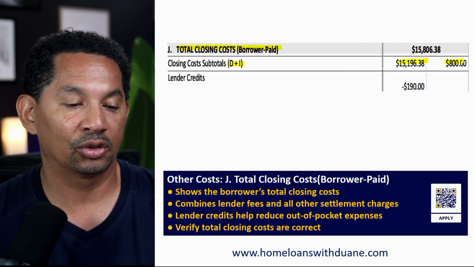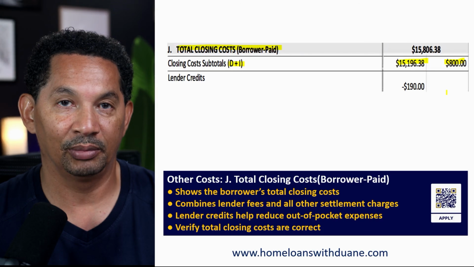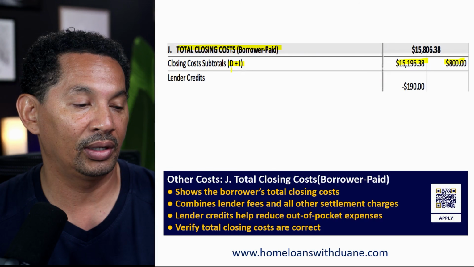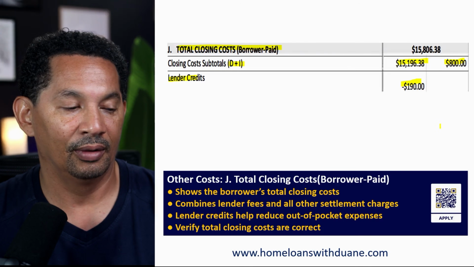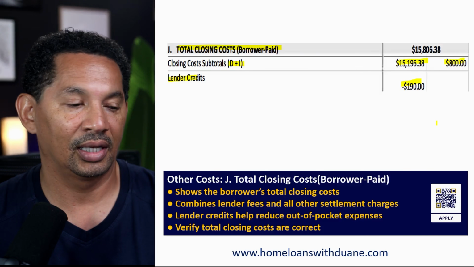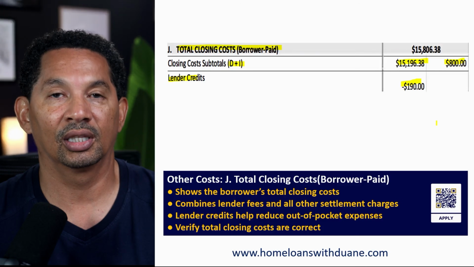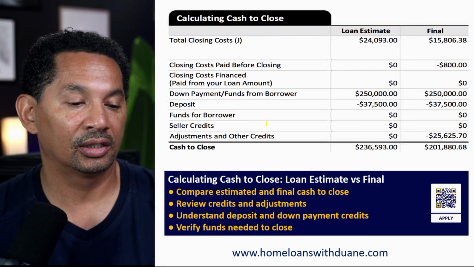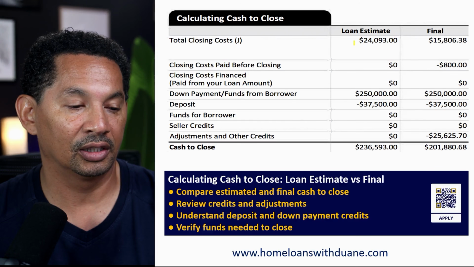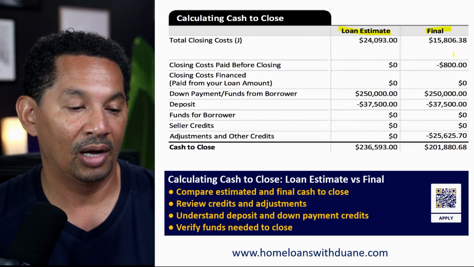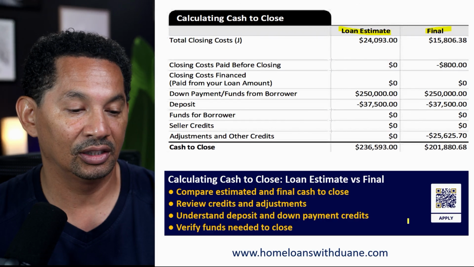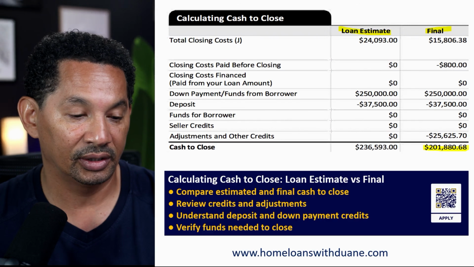This is the appraisal that was prepaid. So again, you're not being charged twice for the appraisal. And this is from additional lender credits on the loan, should there be any excess that came from the interest rate that you selected. Okay, so this section is different from the loan estimate because it gives you the amount that was on the loan estimate and then the final amount. And this is how you can see if anything has changed. And on this one, it's gone down.